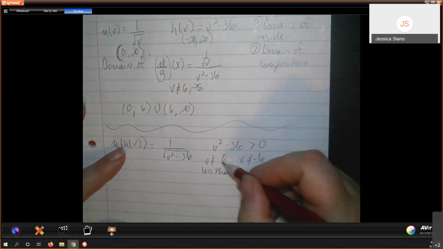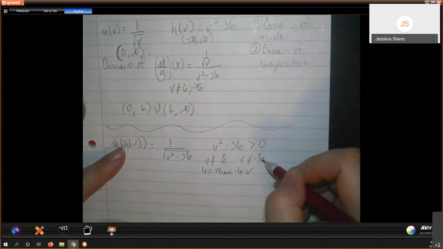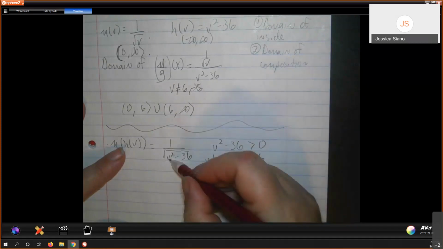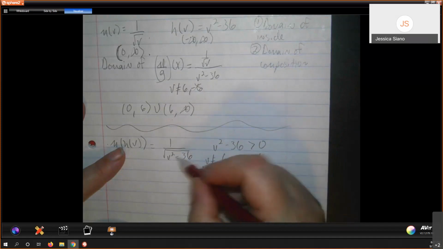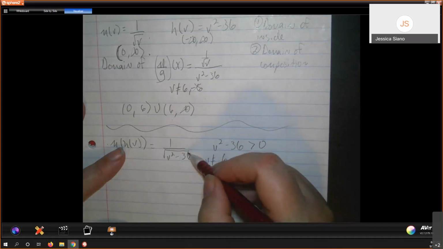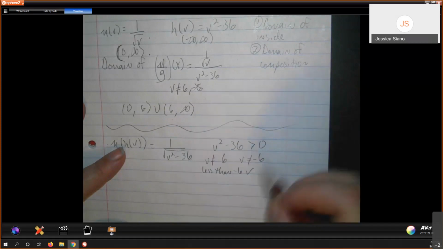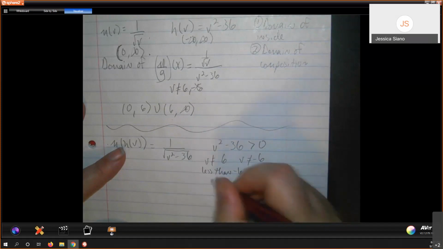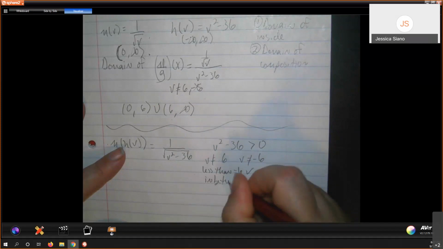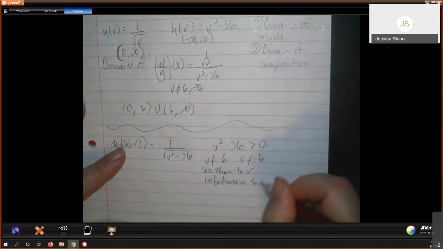What if I try a number in between -6 and 6, like say 0? If I plug in 0, I would get 0 squared minus 36. 0 minus 36 is -36. And I can't take the square root of -36. So I would say the numbers in between are no good.